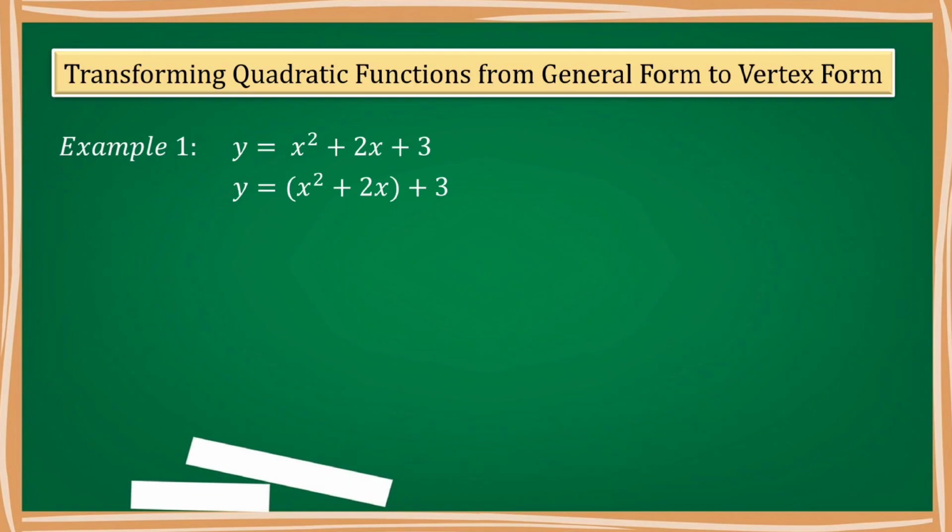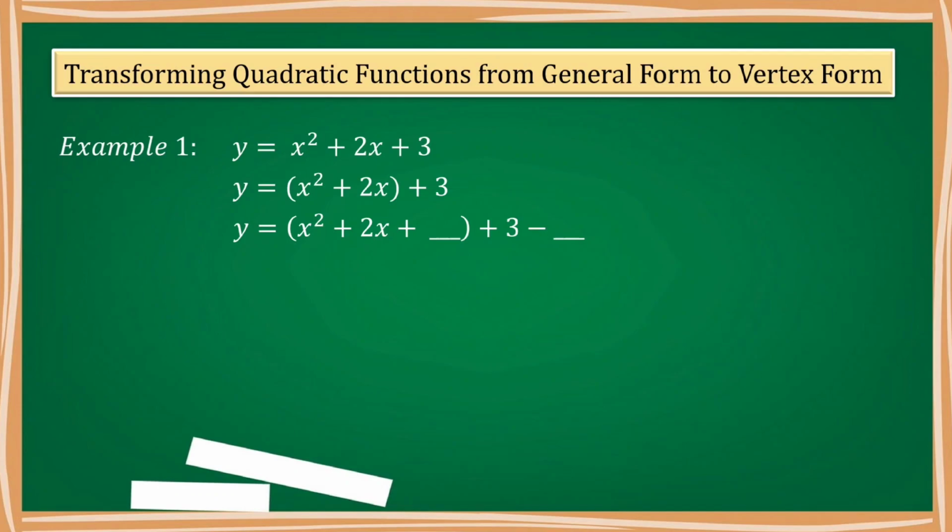Next step is gagawin nating perfect square trinomial yung expression na nasa loob ng parentheses. Maghahanap tayo ng value na i-add sa kanya para maging perfect square trinomial. Pero lagi niyong tatandaan na kapag nag-add tayo sa expression na nasa loob ng parentheses, magma-minus naman tayo sa constant.